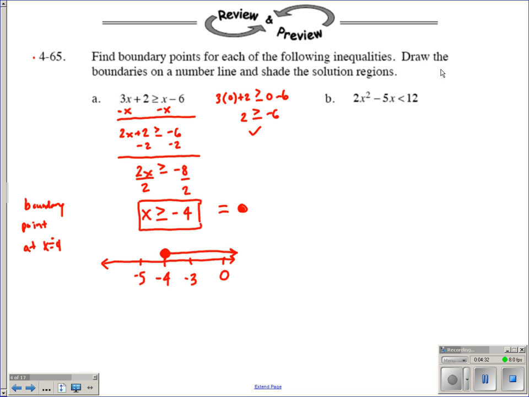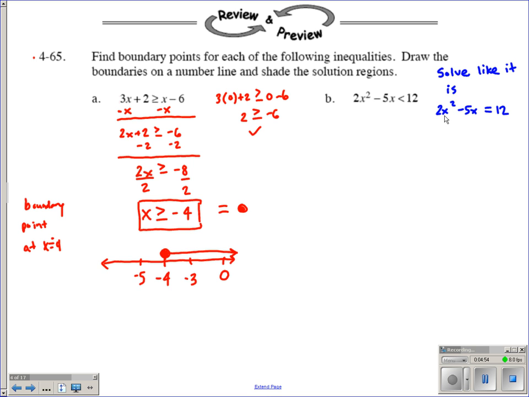I'm going to solve this just like it is an actual equation. Solve like it is 2x squared minus 5x is equal to 12.